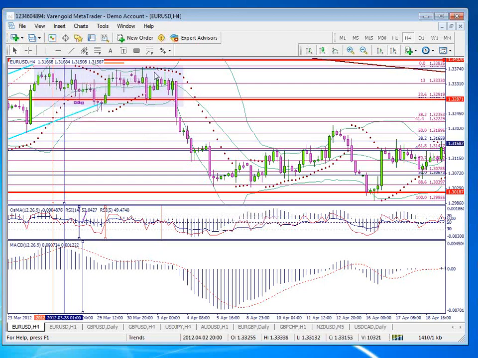Here we have ranging between those two levels, and it was something different than usual, because that signal we have to consider a strong one, but it was not. This is why we also have to pay attention to the political situation and to the things that are happening in the countries that have the currency we have in the pair.